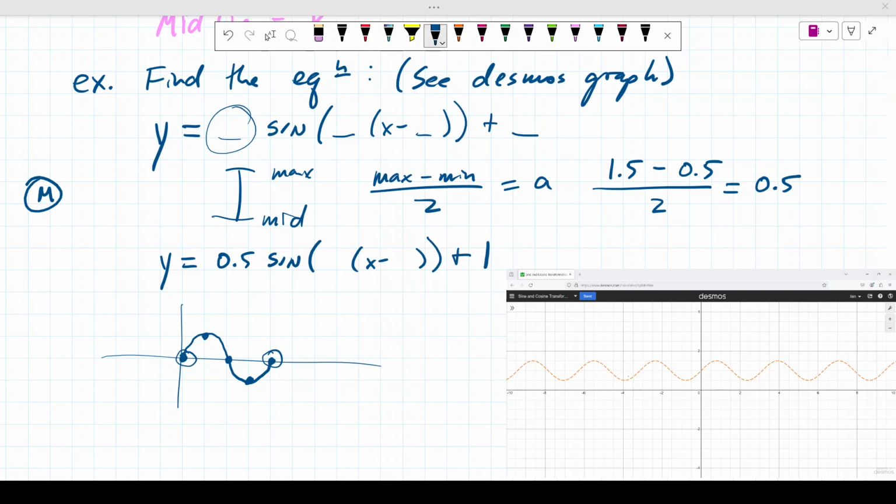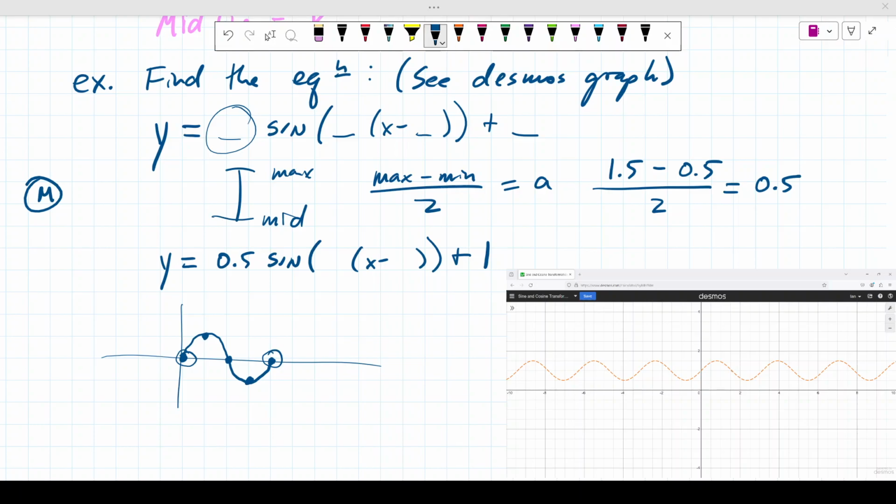Now, if I am only given this graph, I cannot be any more accurate than my eyes can be, so I'm going to have to use my good judgment. If this is pi, then halfway would have to be pi over 2, which, if I pull up a calculator here, is approximately 1.57. Does that look like 1.57? Well, it does.